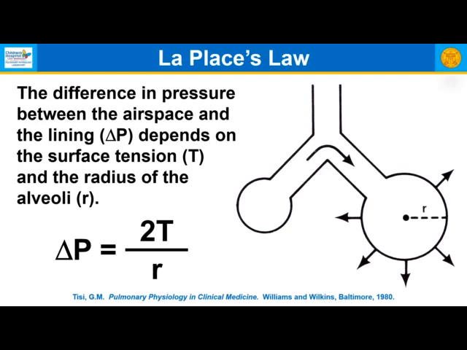The pressure required to keep this open is 2 times surface tension divided by radius. So what does that mean? It means that you have to have more pressure to keep a small alveolus open than you do a large alveolus. Now, if you're not able to generate different pressures here, right, this alveolus is going to open with less pressure. So what's going to happen is this small alveolus is going to collapse into this big one.